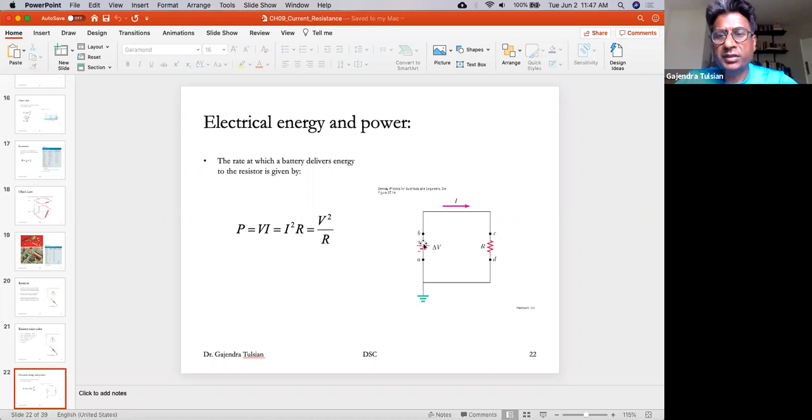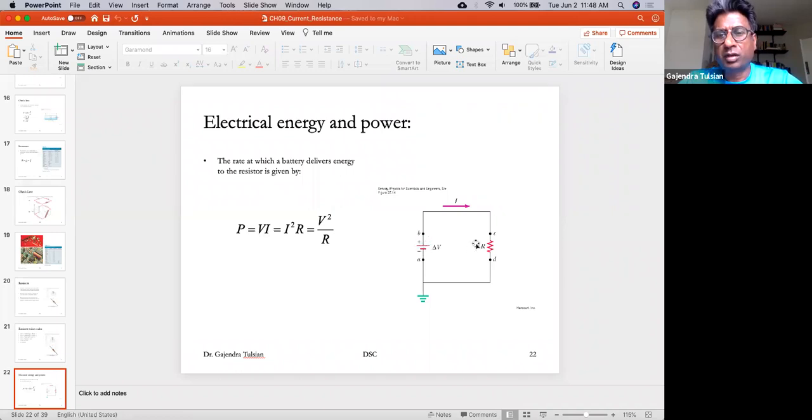So now the question is, at what rate is the battery supplying energy? The rate at which energy is being supplied is called power. The rate at which energy is being supplied is the voltage of the battery times the current coming out of the battery. So the rate at which energy is being supplied is V times I.